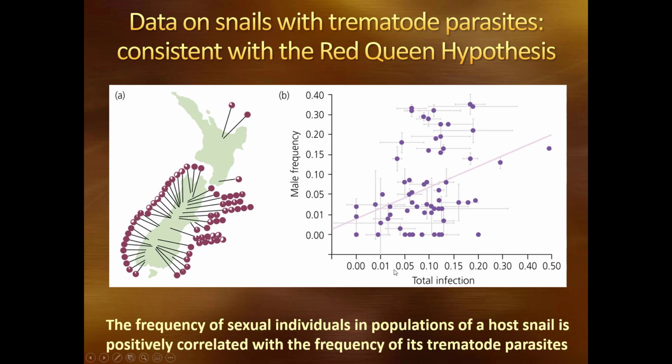So those populations that have a lot of infection through these parasites are in most cases producing more males, i.e. that means they're switching to sexual reproduction. So as the infection rate of the parasite goes up, the amount of sexual reproduction also increases.